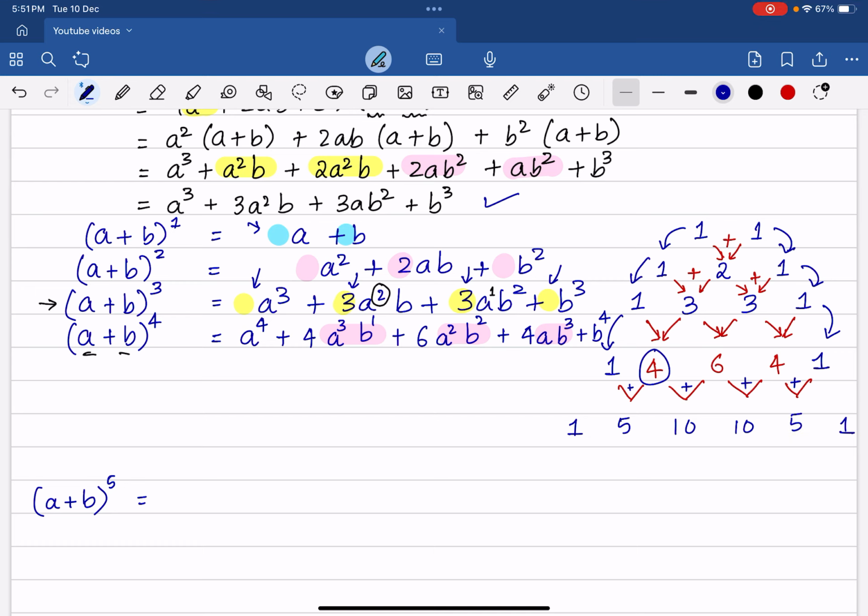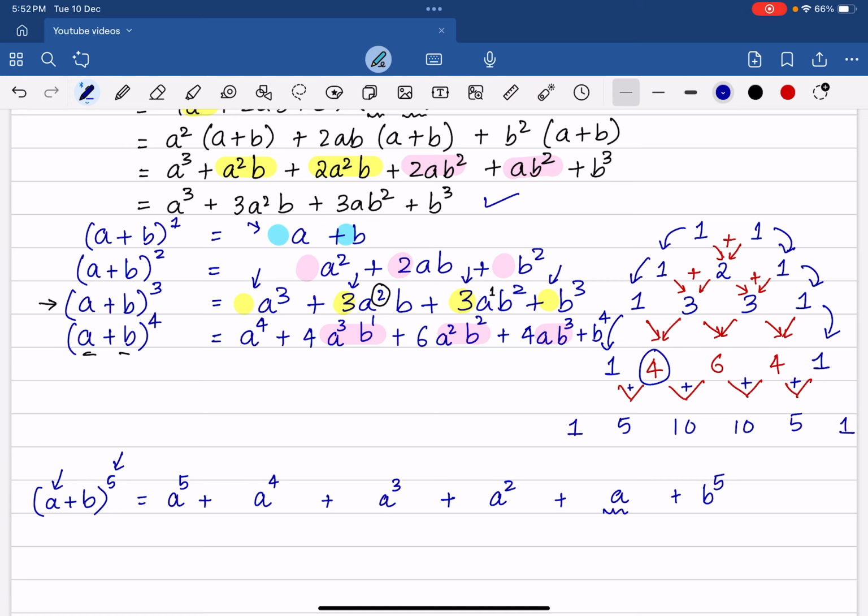So these are going to be my coefficients for (a plus b) the whole raised to 5, and accordingly the highest power goes to the first term first, a raised to 5, plus a raised to 4, plus a raised to 3, plus a raised to 2, plus a, plus b raised to 5.